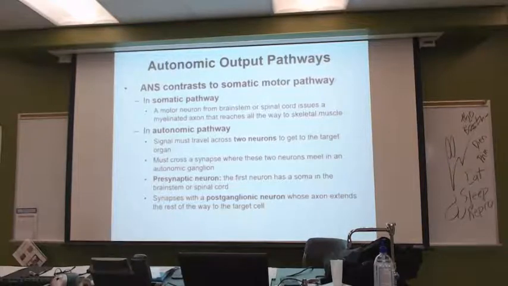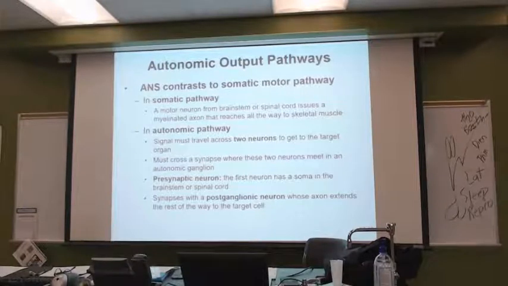All right? So we're going to say that the signal has to travel through two neurons to get to the target organ, because it needs to get to a ganglion, which is the bump stuff that they're showing, the stuff in pink, and then make its way to the target cell.